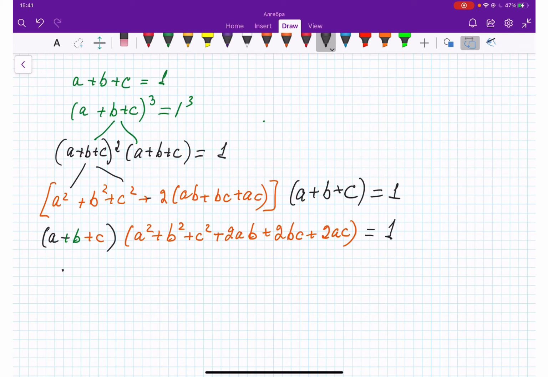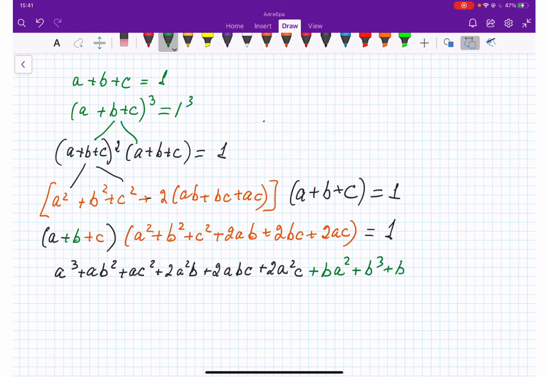So it is going to be A cubed plus AB squared plus AC squared plus 2A squared B plus 2ABC plus 2A squared C. Moving to green color, now I'm multiplying B. So plus BA squared plus B cubed plus BC squared plus 2AB squared plus 2B squared C plus 2ACB.